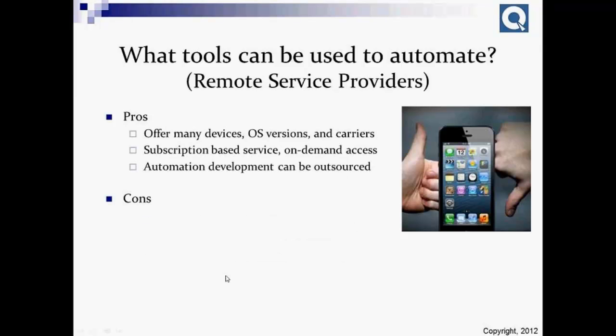The remote service providers, so their benefits are on-demand fragmentation, handling all those areas of fragmentation that we covered. They're subscription-based, so you can turn them on or turn them off as you need to. And the automation, the service is actually a cloud-based service. You download a client component on your PC, and you connect over the internet to see all the phones that you're licensed for in their data center.